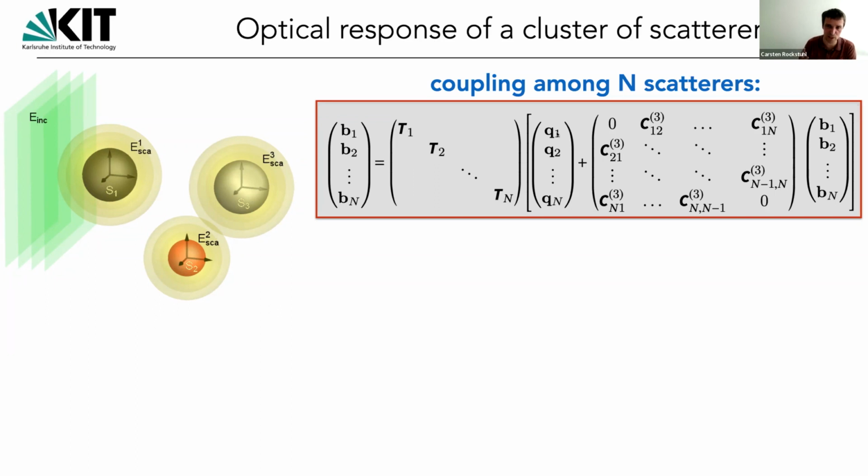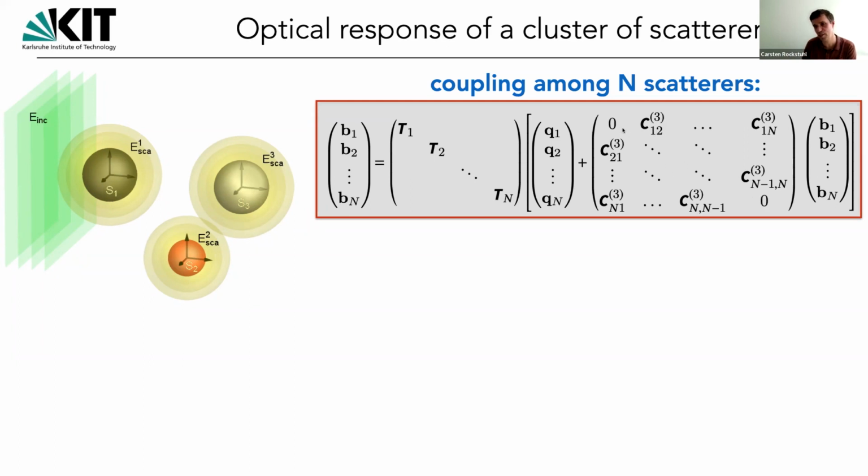But now the object is not isolated, all the other objects exist as well. That's why we need to add this nice term here, which is nothing else than the scattered field from all the other particles, which we convert with these conversion matrices into an incident field on any other particle. That information is contained in these matrices, which is quite useful.